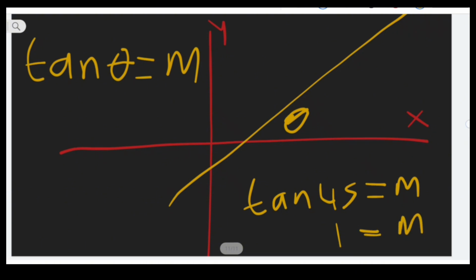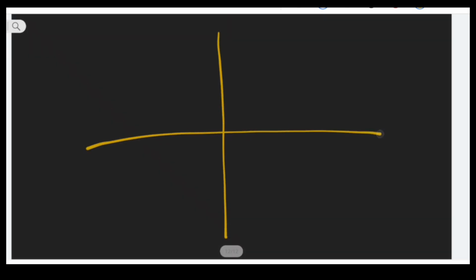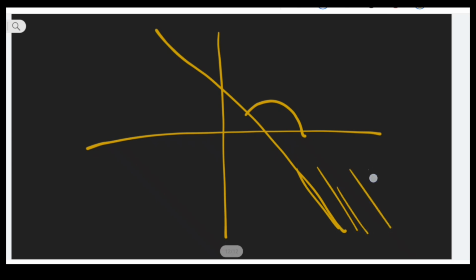All right, suppose you have a line which is like this. It's an obtuse angle, since this line is going down, so the gradient there is negative.